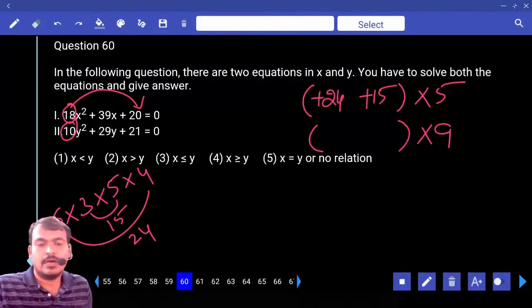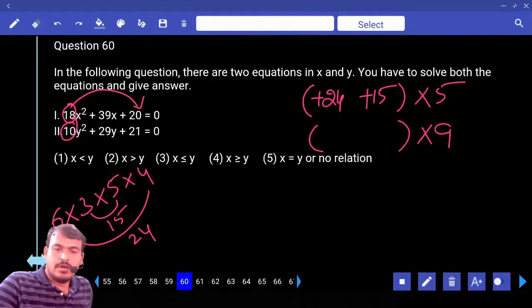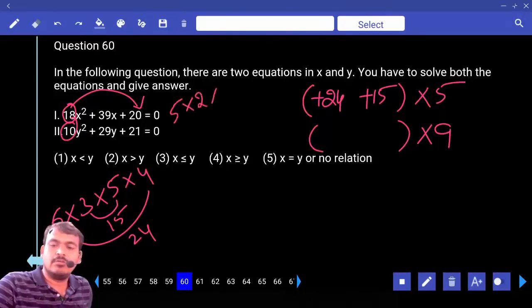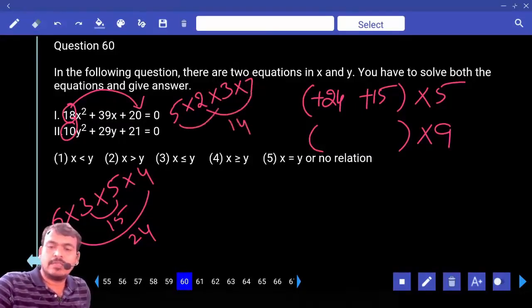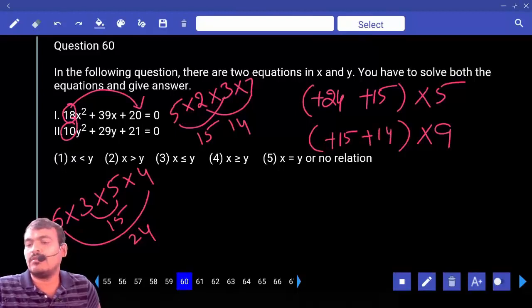Next, the y roots. 10 into 21. One will be 5 into 2, another one is 3 into 7. 7 times 2 is how much? 14. 5 times 3 is 15. 15 plus 14 is 29. One is plus 15, another one is plus 14.